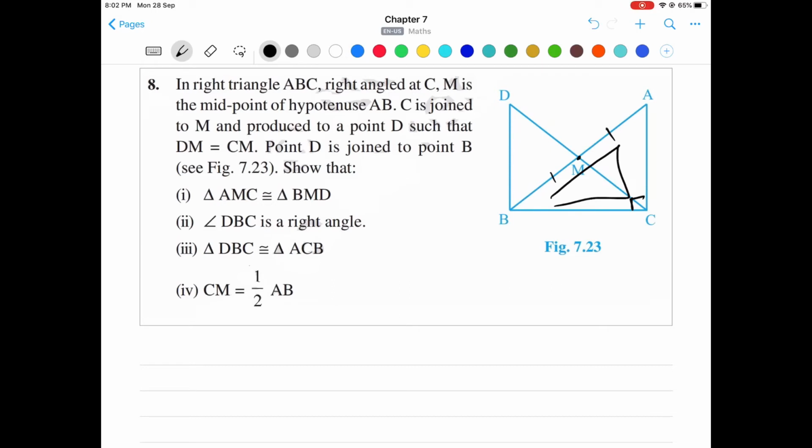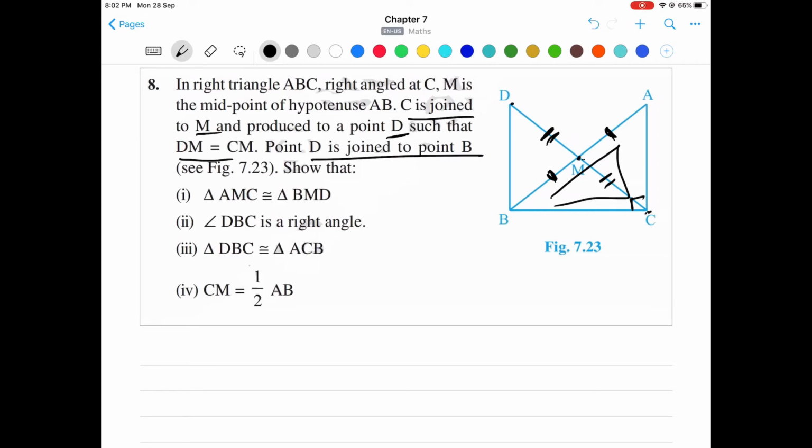Now CM is produced to point D such that DM and CM are equal. So these two are also equal.